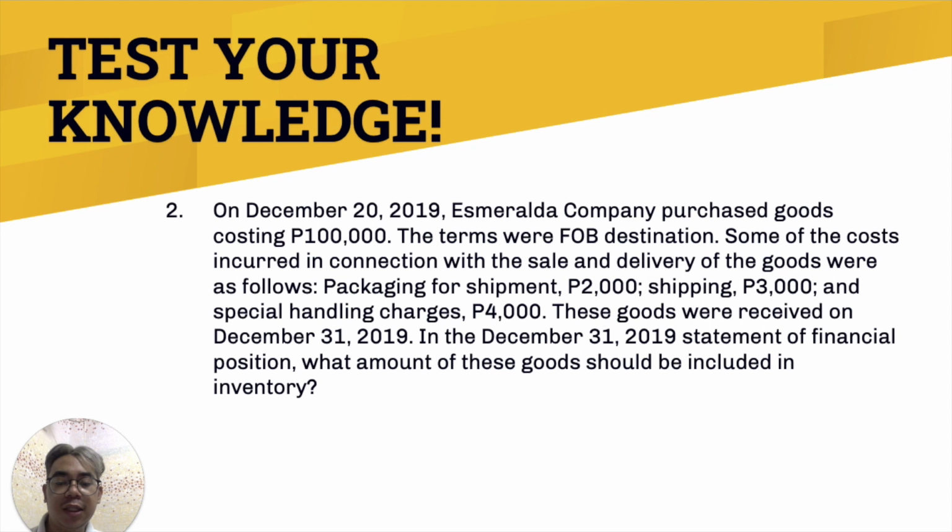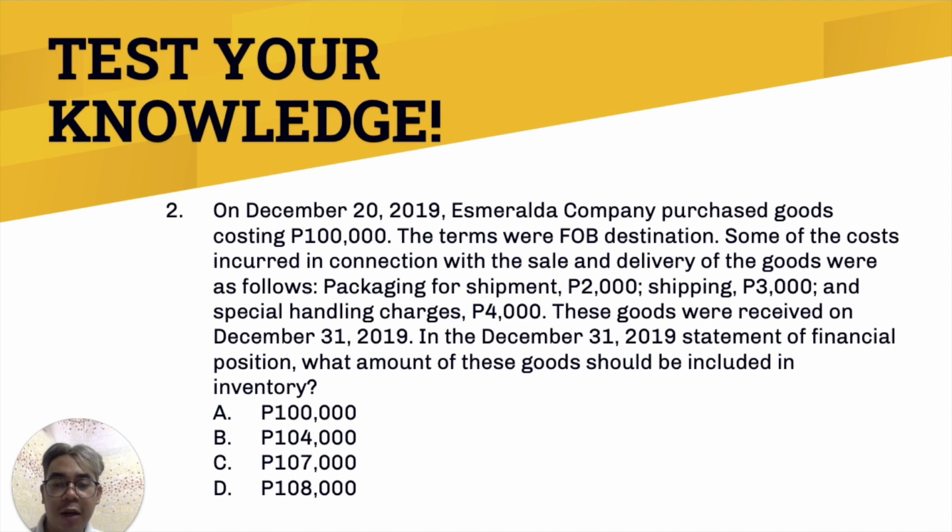These goods were received on December 31, 2019. In the December 31, 2019 Statement of Financial Position, what amount of these goods should be included in inventory? A, 100,000. B, 104,000. C, 107,000. Or D, 108,000 pesos. So if you know the answer, comment your answers down below.